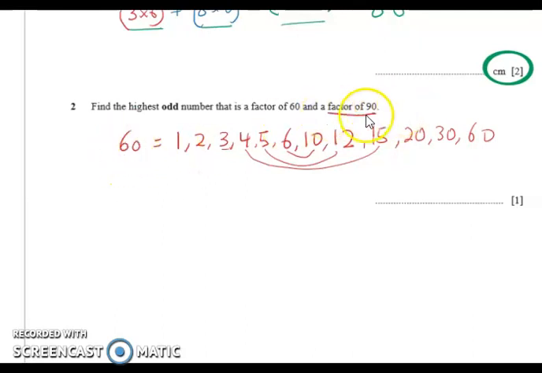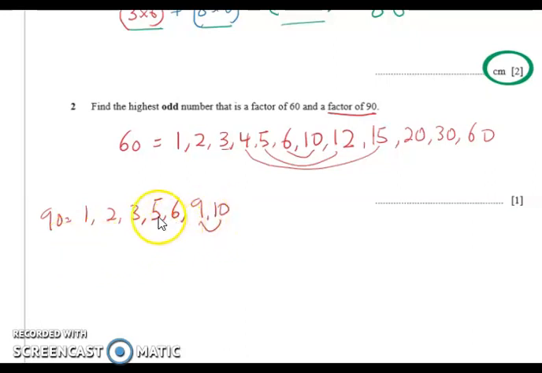And then the factors of 90 here will be 1, 2, 3, you can put here 5, 6, and here's 9, 10. Okay, these are the factors.